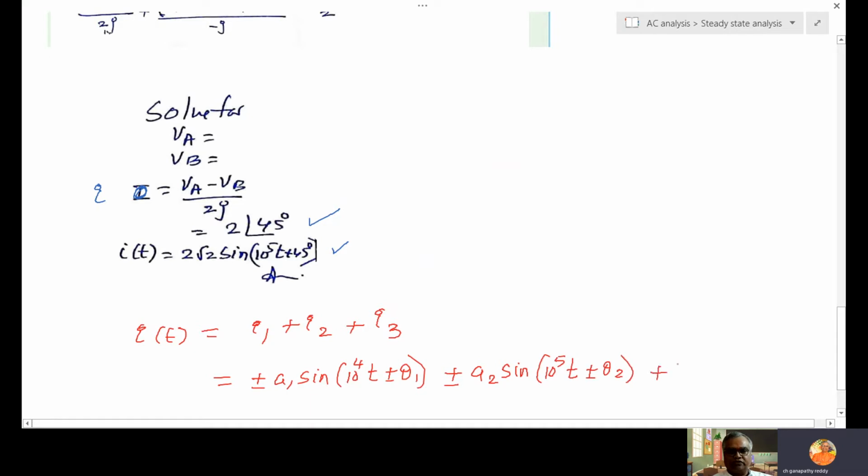Then the I3 answer looks like A3 sin(10^6 t plus or minus theta 3). So this A1, A2, A3, if you really solve, you will know theta 1, theta 2, theta 3 also.